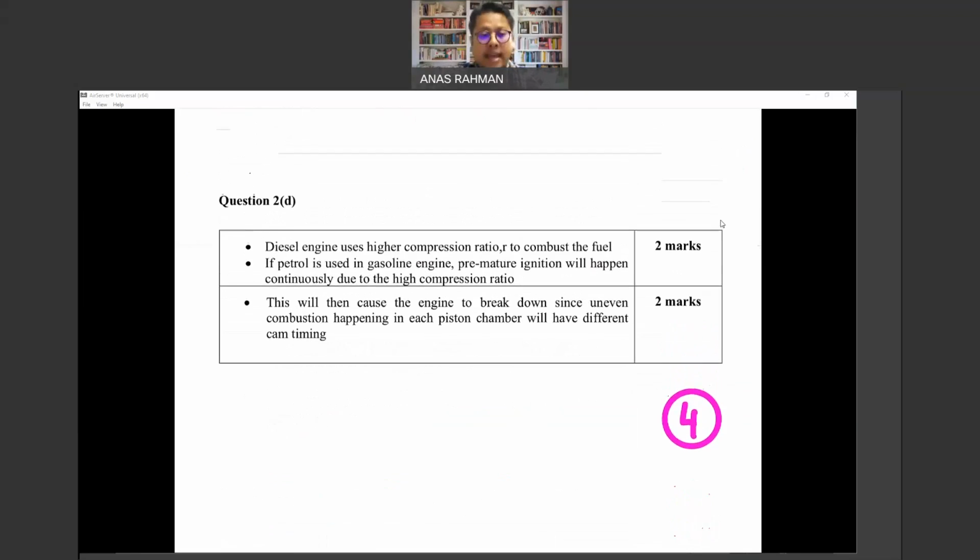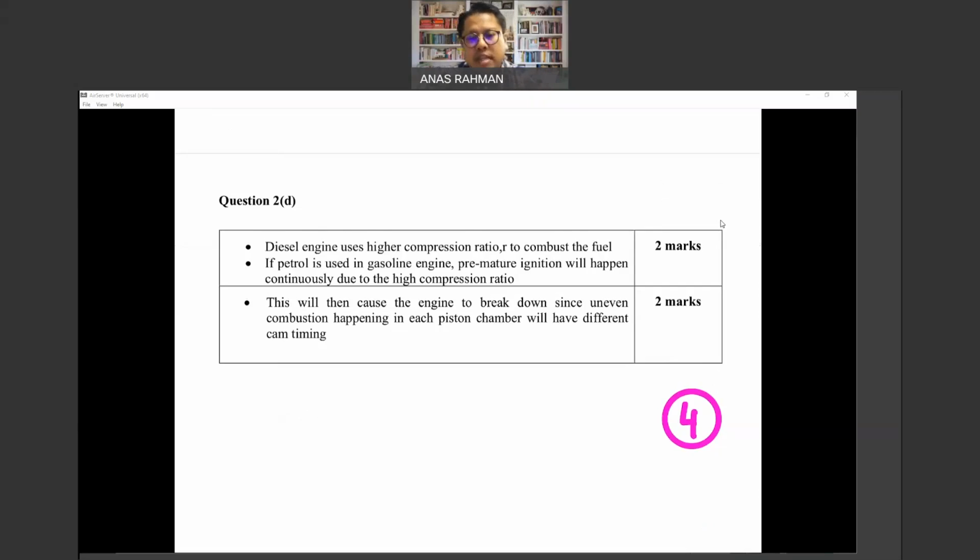So among the answers that I can accept, for example, you have to state diesel engine uses a higher compression ratio, but if you use petrol, premature ignition will happen. Okay, because remember, gasoline or petrol engines have a lower compression compared to the diesel engine.